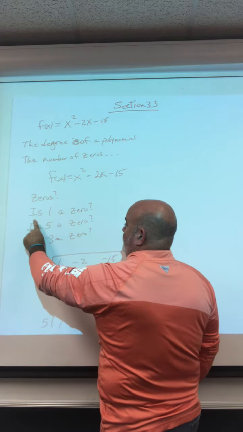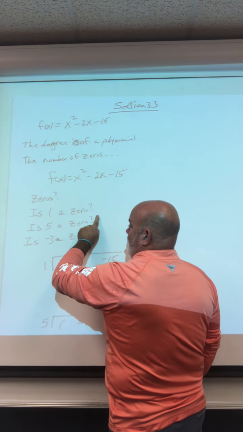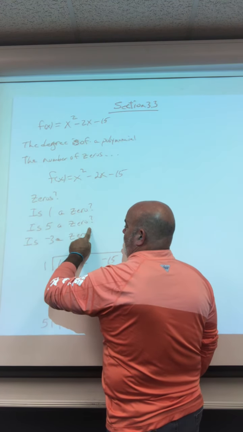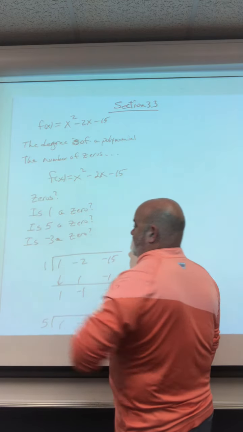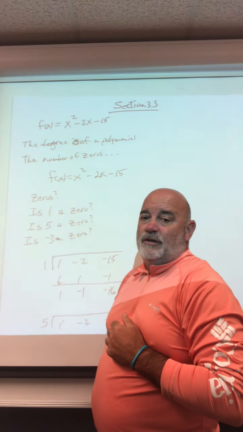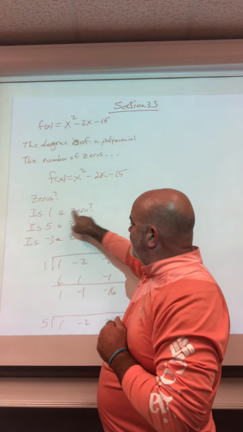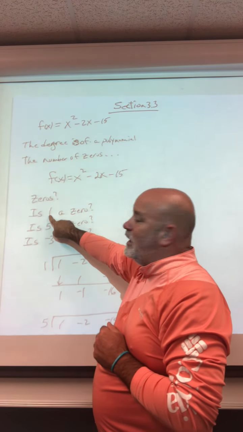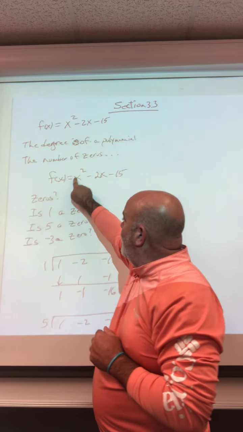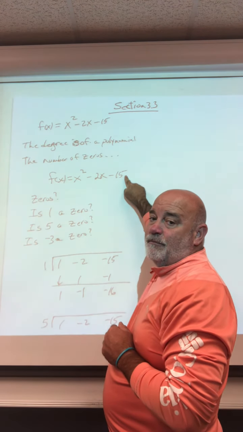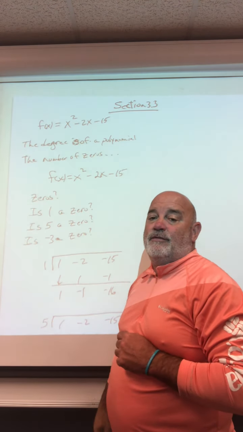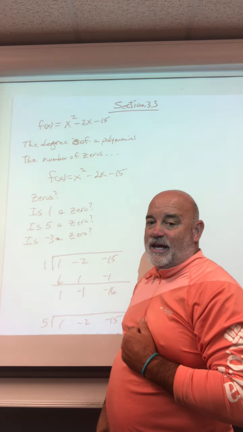Now, I want to ask the question, is 1 a zero? Is 5 a zero? And is -3 a zero? Well, how did we do this last time? If you want to know if 1 is a zero, you take 1 and do synthetic division on your polynomial function. If you get a remainder of 0, then the answer is yes.